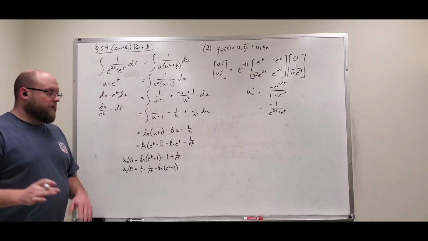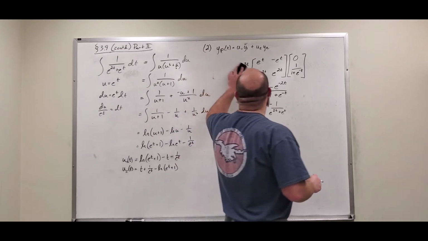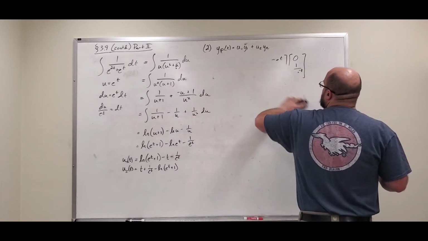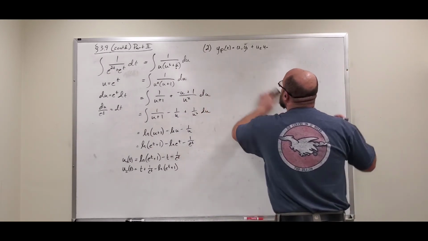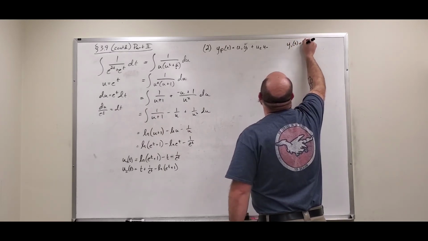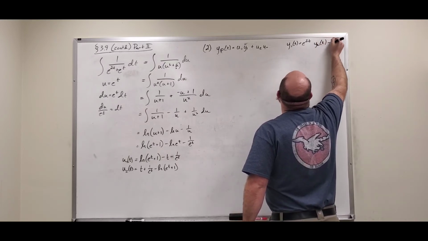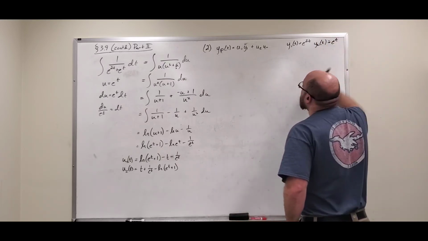Okay, so we're almost there with this one. We've almost got it solved. Just as a reminder, we said y1 of t was equal to e to the 2t, and y2 of t was equal to e to the t.